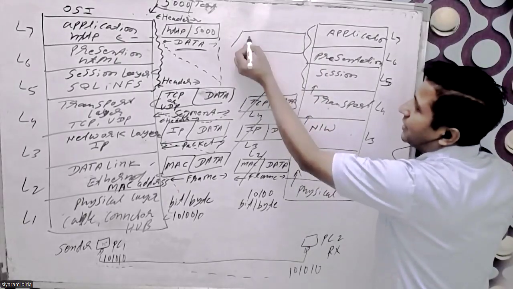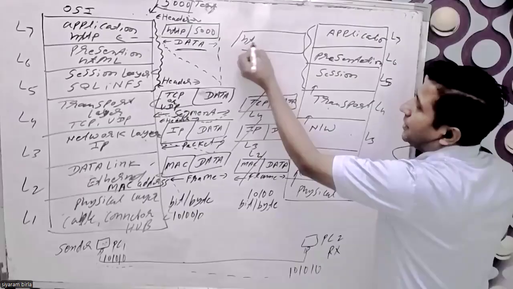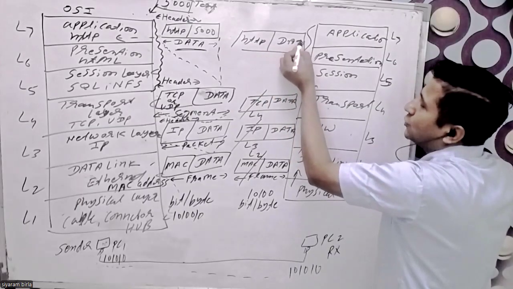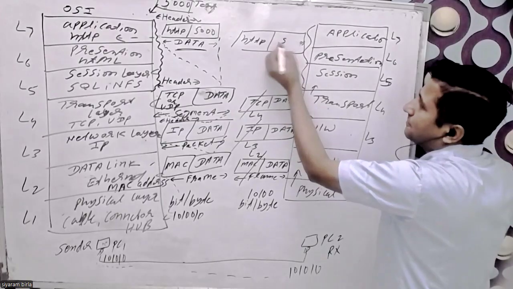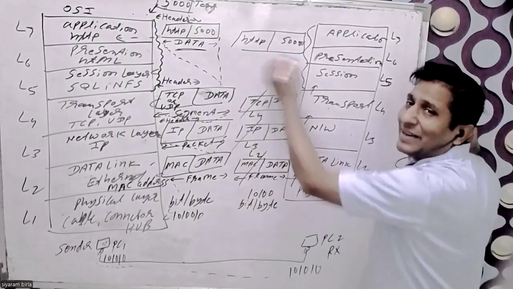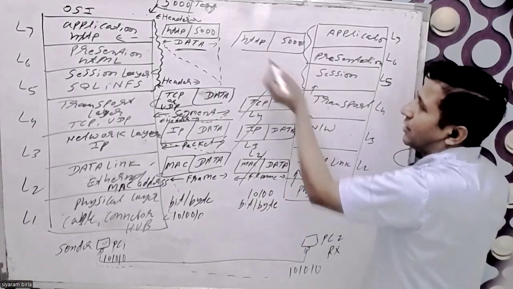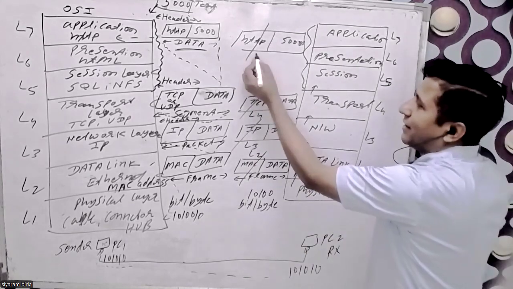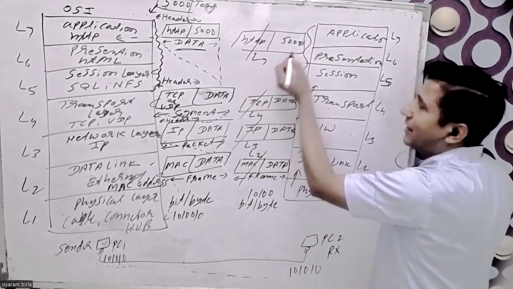After that, the packet comes to these 3 layers. In these 3 layers, my HTTP header is there and my actual data is here. Actual data means 5,000 rupees. That is called the data here. So the application layer removes the layer 7 header.